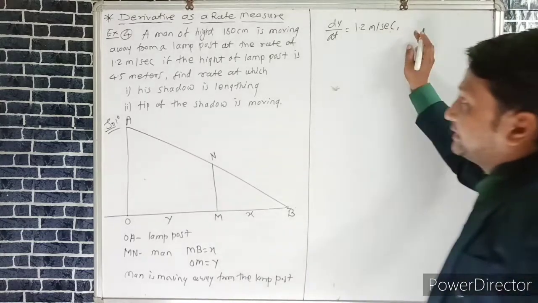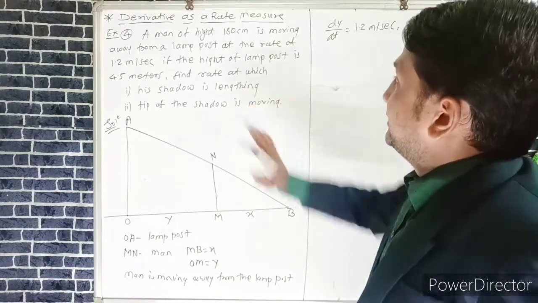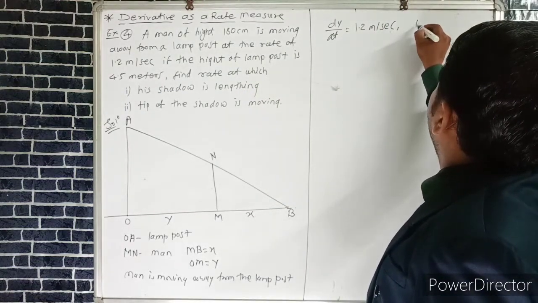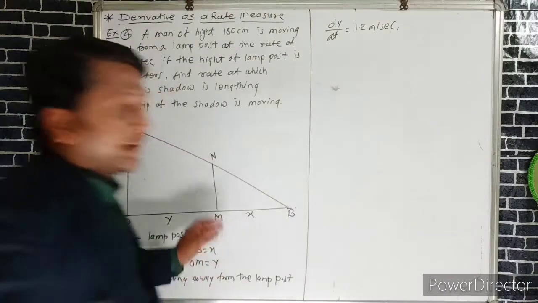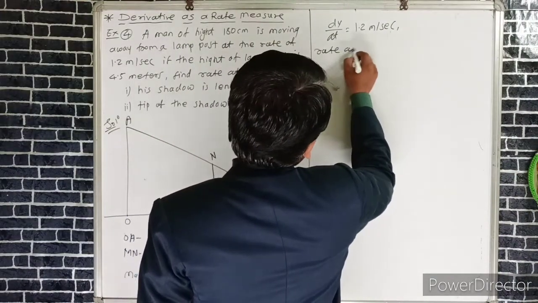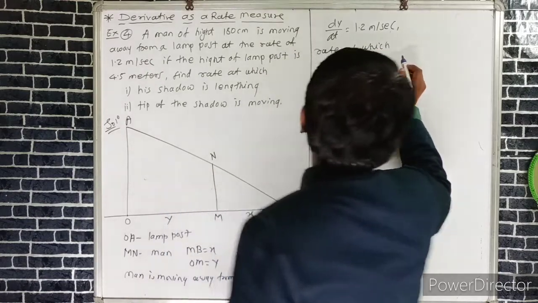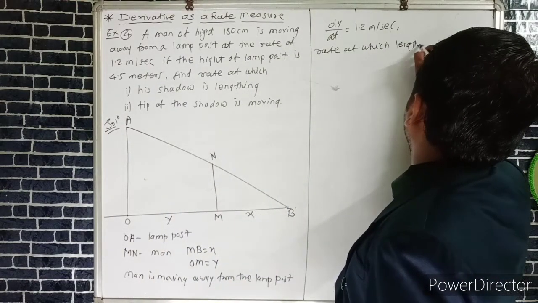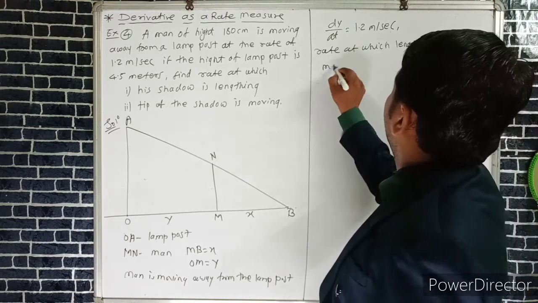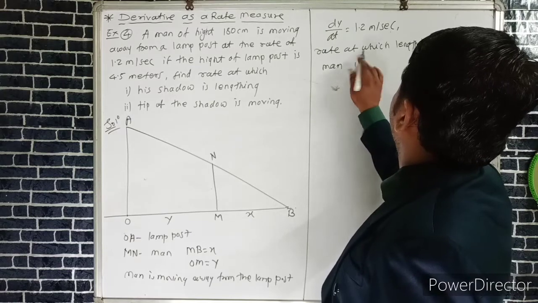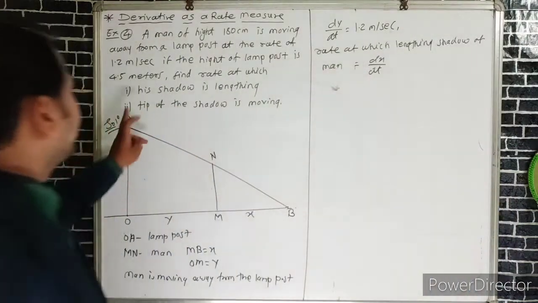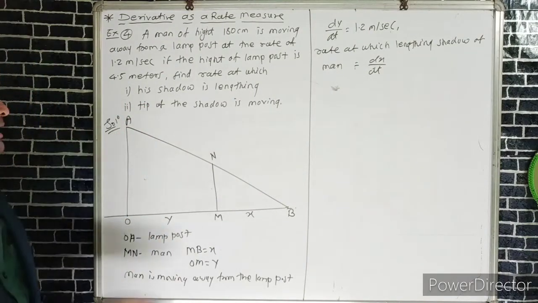And it is clear that the rate at which the shadow of the man is lengthening is dx/dt. So we have to find how fast his shadow is lengthening and how fast the tip of the shadow is moving.